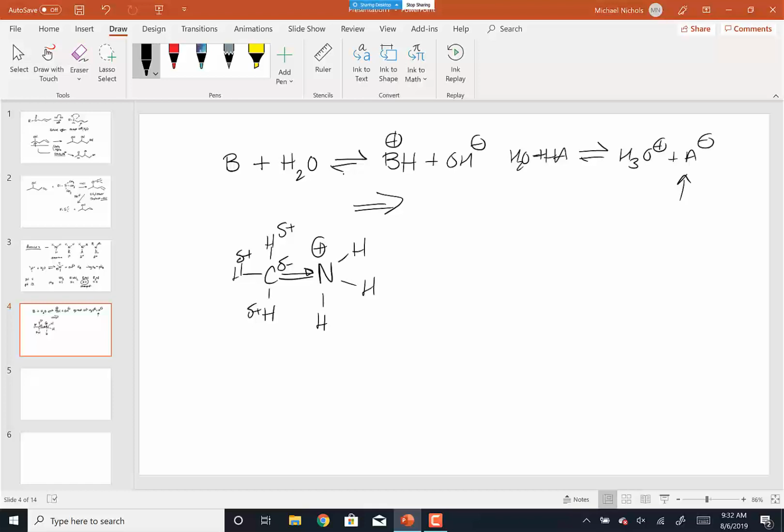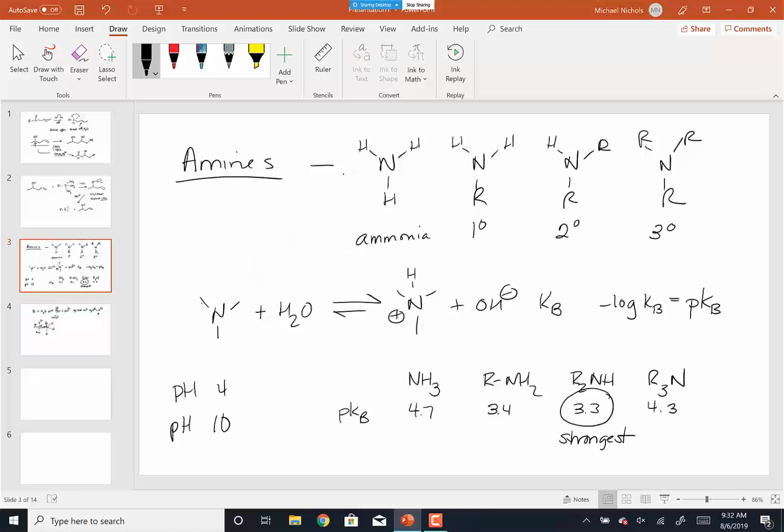So, question number 1, going back here to the ammonia versus the alkyl amines. Why are the alkyl amines more basic than ammonia? Because they have an alkyl group attached to them. What is that doing?